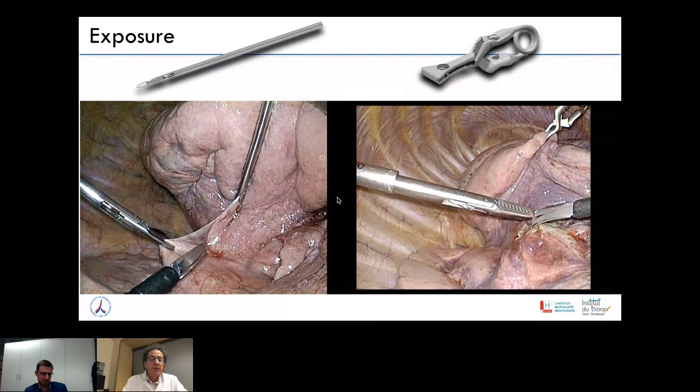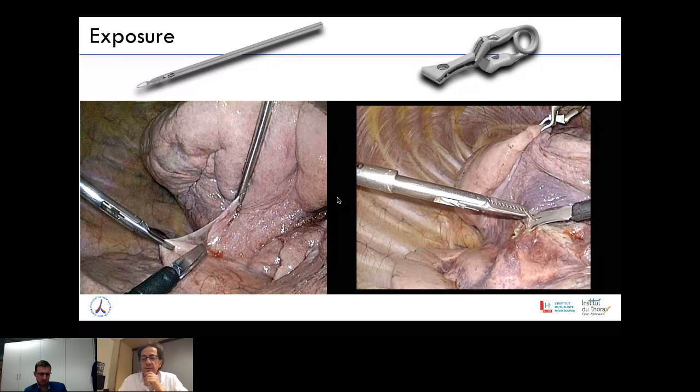For exposure, you can also use 3 mm grasping forceps, as on the left picture, or this on the right that we call throw-off instruments. They are grasping forceps that you can release inside the chest cavity. You put a thread on each, and then you just pass the threads through the chest wall, something like this.